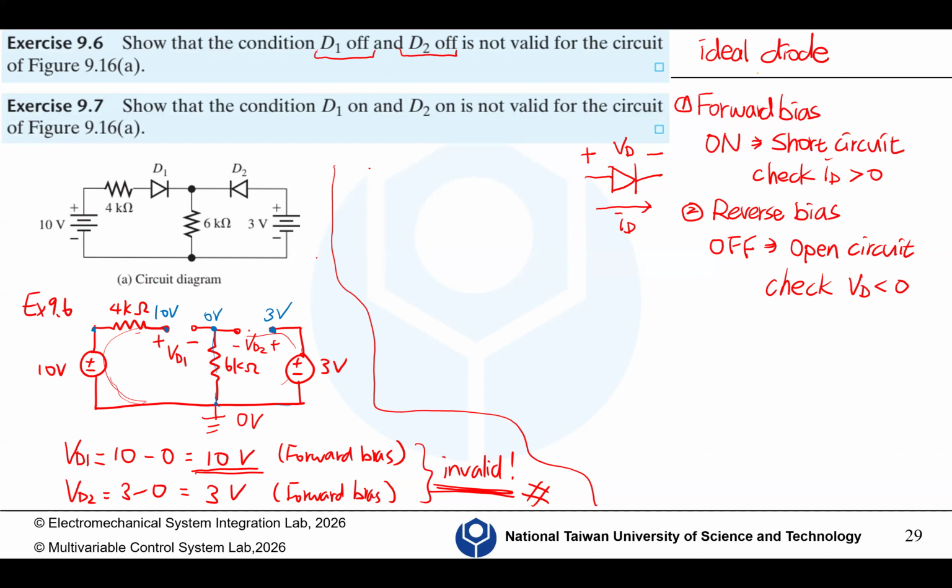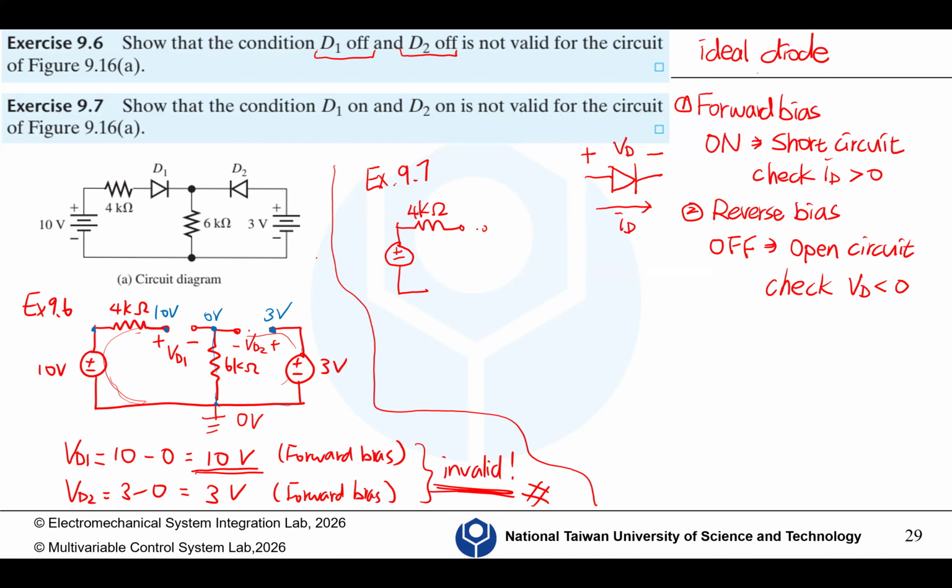And then we look at example 9.7. Show that condition D1 on and D2 on is not valid for the circuit of this figure. Same thing. If both of them are on, then we replace the diodes with short circuits. So we redraw this circuit diagram. 4K ohm.